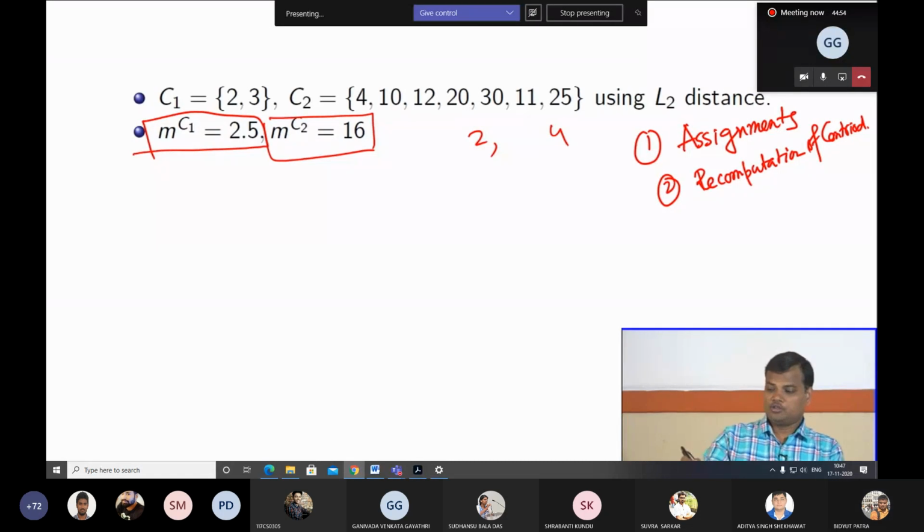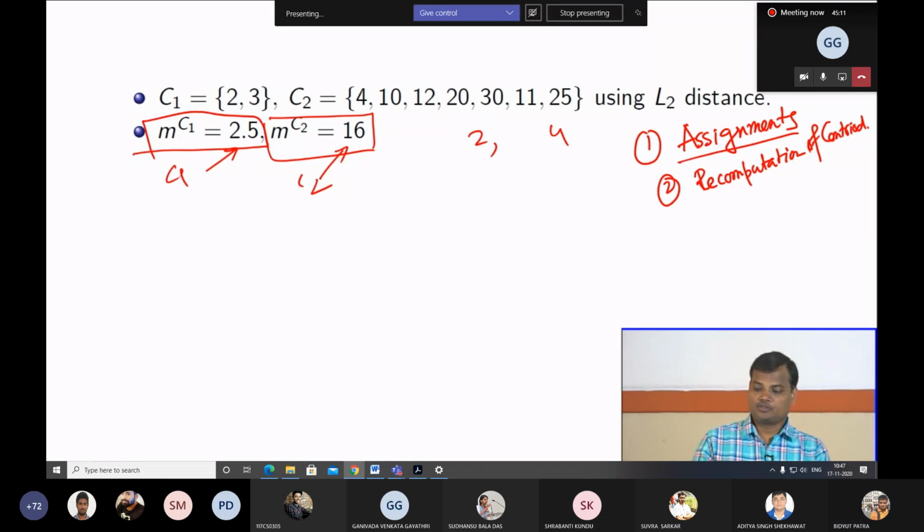So again you start the assignment to each cluster. This is C1 and this is C2, with their centroids.